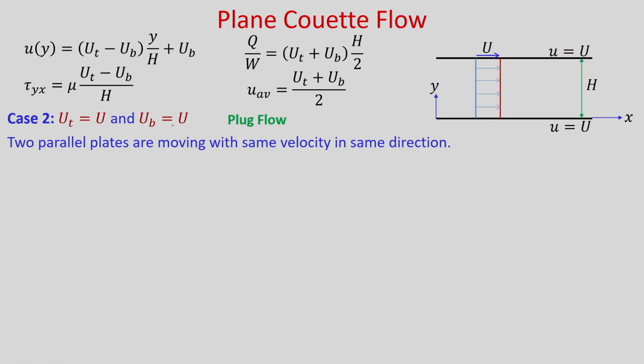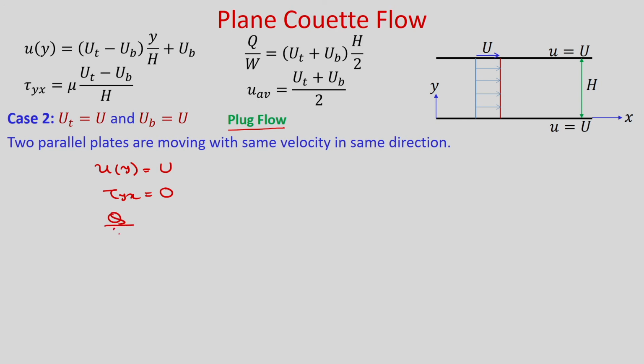Now, let us consider the second case where both the plates are moving with the same velocity in the same direction. That means u_t is equal to u_b is equal to U. This is known as plug flow, because from the expression you can see that for the velocity u(y), if you put U here, this term will become 0. So, it will be just U, and tau_yx, obviously from this expression, will be 0.